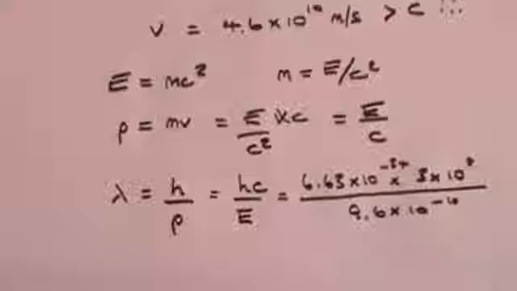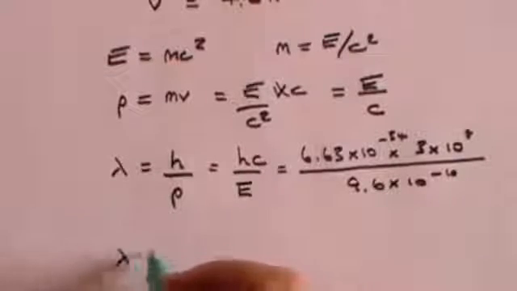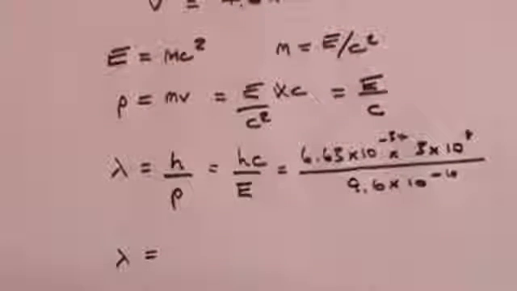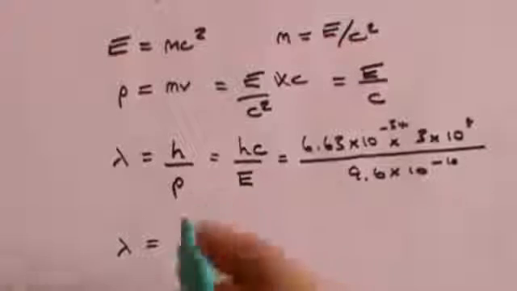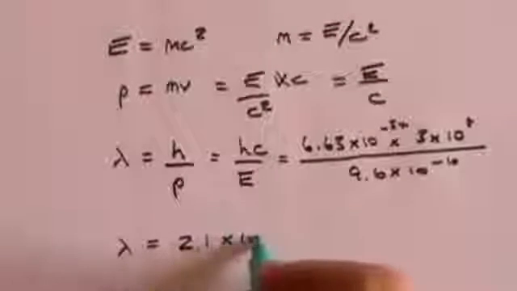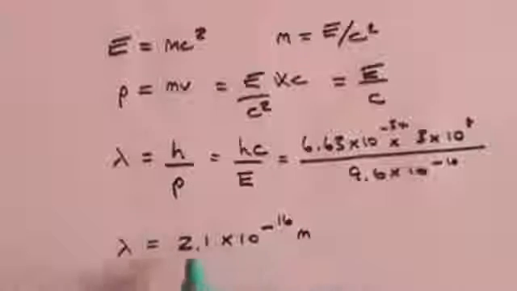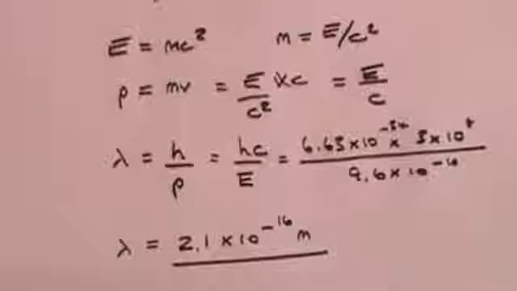And if you calculate that, you will find that lambda, the wavelength of the electron beam with the energy 6 GeV, is 2.1 times 10 to the minus 16 meters. And that wavelength is comparable to the radius of the nucleus. So that is capable of probing the nucleus because it will see the nucleus. It's of the same order of size, whereas light would simply go sailing past without even noticing it.